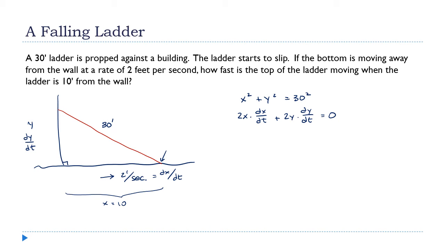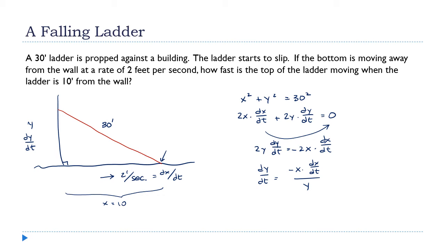And it's dy/dt that I want to talk about, so let's solve this for dy/dt. 2y dy/dt equals negative 2x times dx/dt, which means dy/dt equals negative x dx/dt divided by, not dy/dt, divided by y.